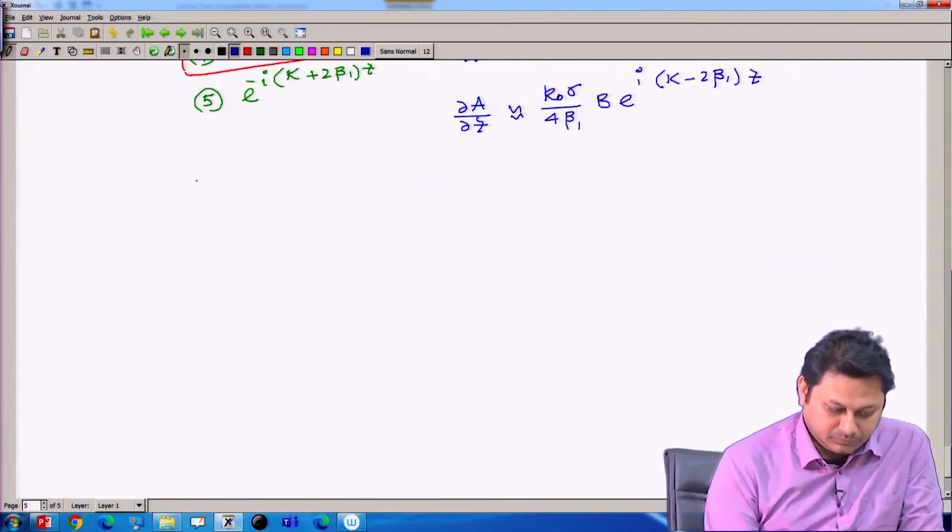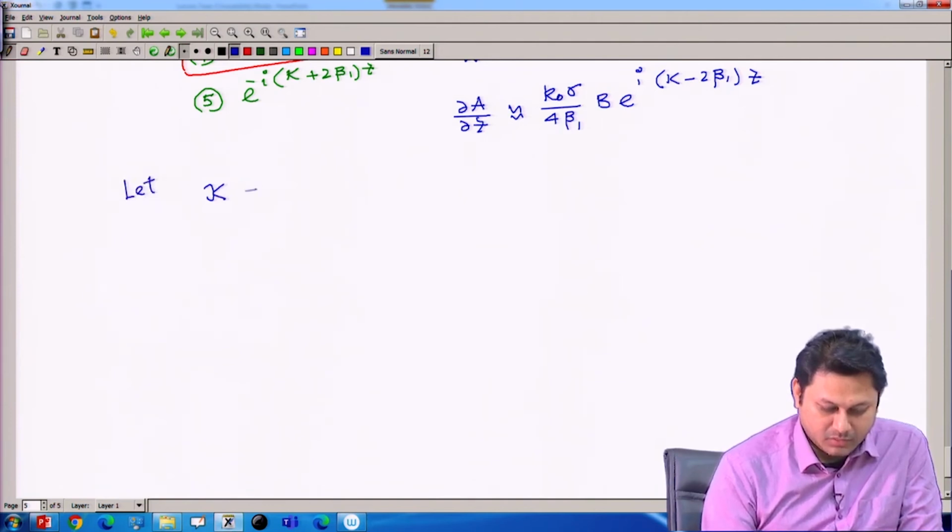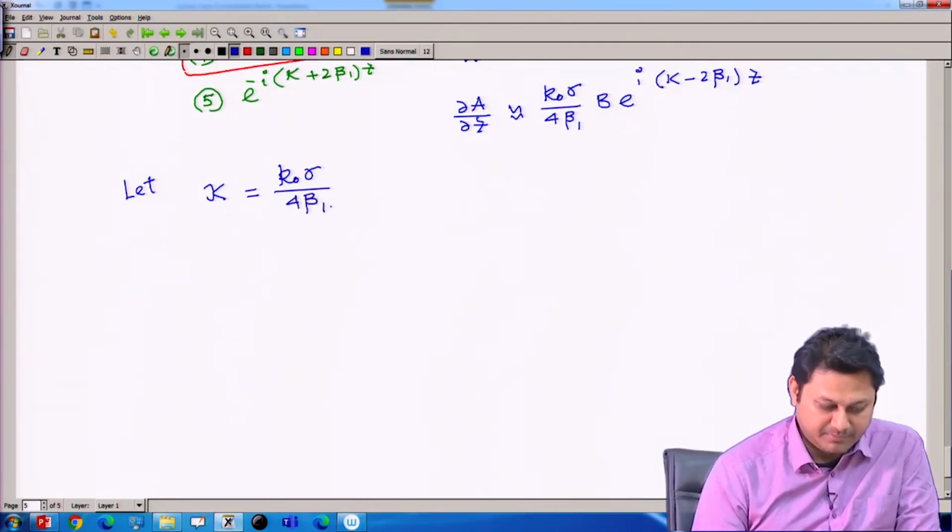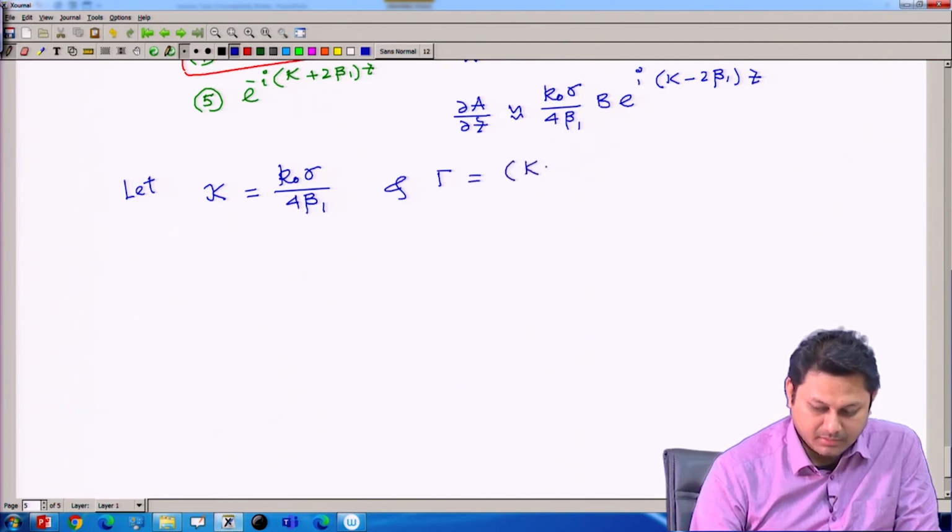Now, let kappa is equal to k0 sigma divided by 4 beta 1. I just rename all these things, and gamma is equal to this phase term k minus 2 beta 1, just rename.